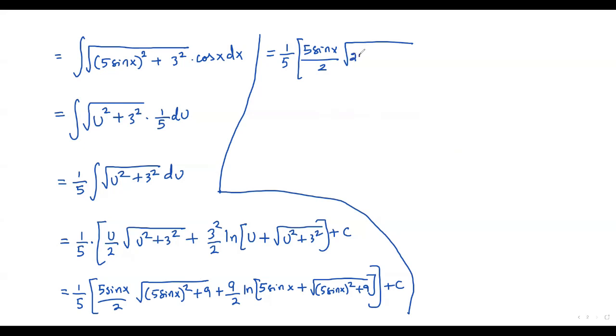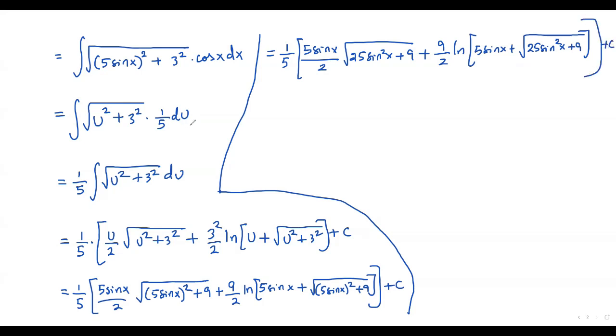So 25 times sin square x positive 9, positive 9 over 2 times ln of 5 times sin x positive the square root of the same thing here, 5 times sin x the whole square. Already we got it, that is 25 times sin square x positive 9, positive c. Now let's distribute this 1 over 5 to each term inside the square bracket over here.